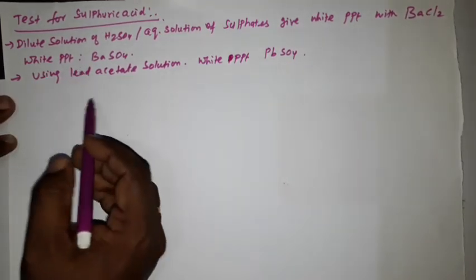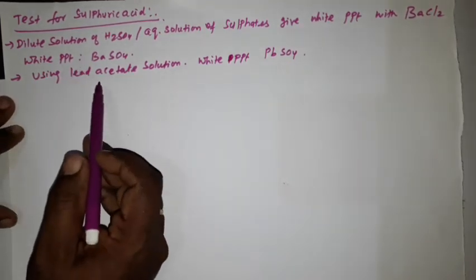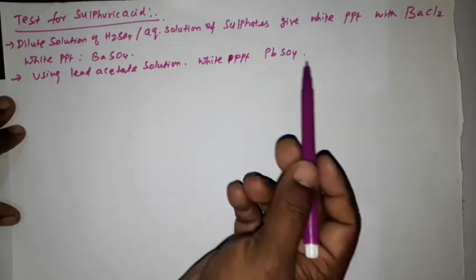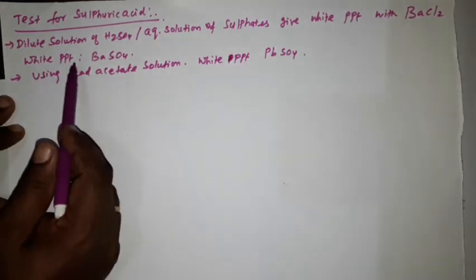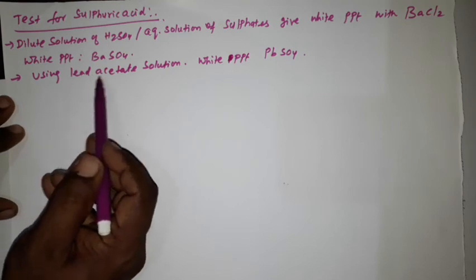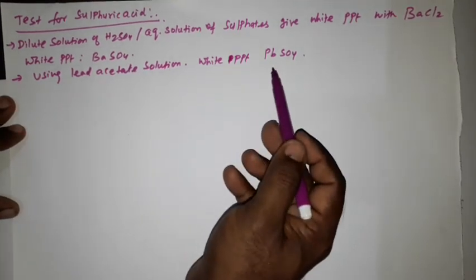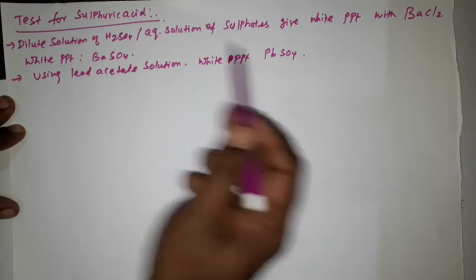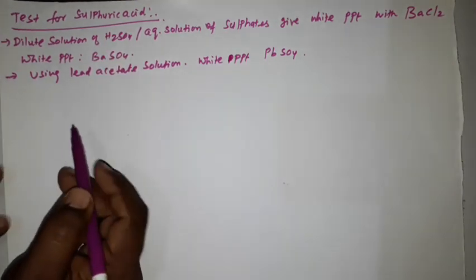So in both cases we are getting a white precipitate. In the first case we add barium chloride solution, so we get barium sulfate as the white precipitate. In the second we test with lead acetate solution, and we get the white precipitate lead sulfate. So that means sulfuric acid is confirmed, right?